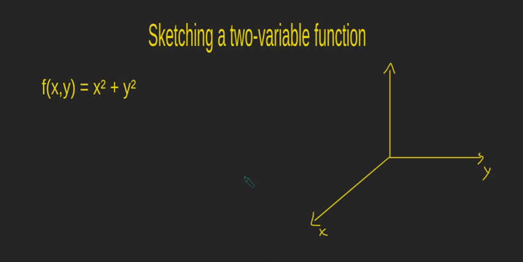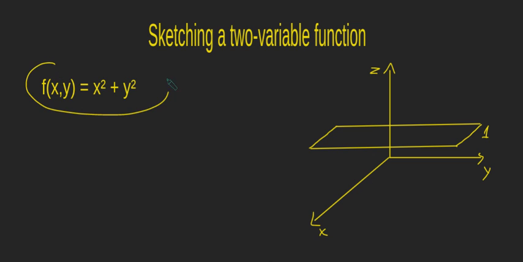Well, one technique that is used in this case is to cut the z-axis by a plane perpendicular to this axis, for example at height 1, and see what the drawing of this function looks like on this plane.